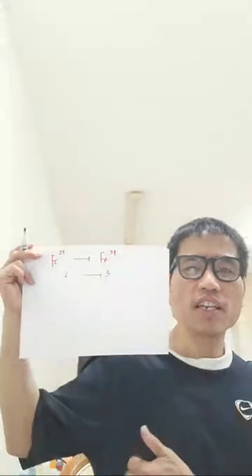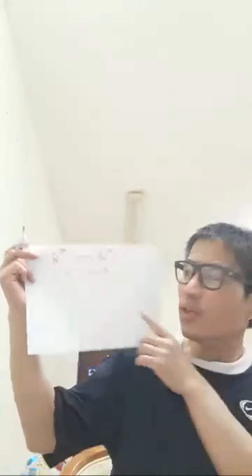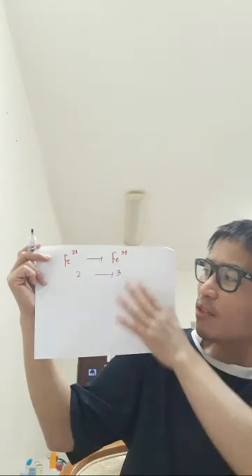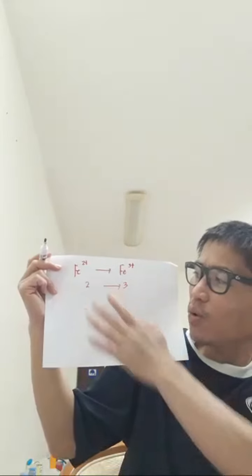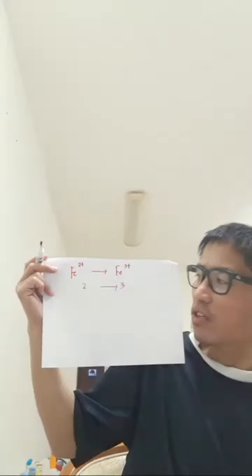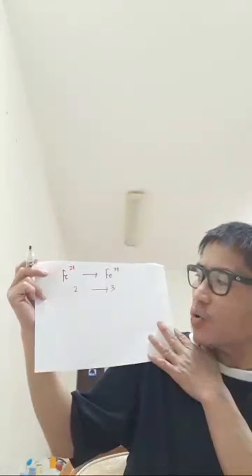Now, the deficient charge is in the reactant, in the ferrous. In this case, you will be confused, because this is positive 3 and positive 2. Remember, we need to add a number of electrons, so negative.